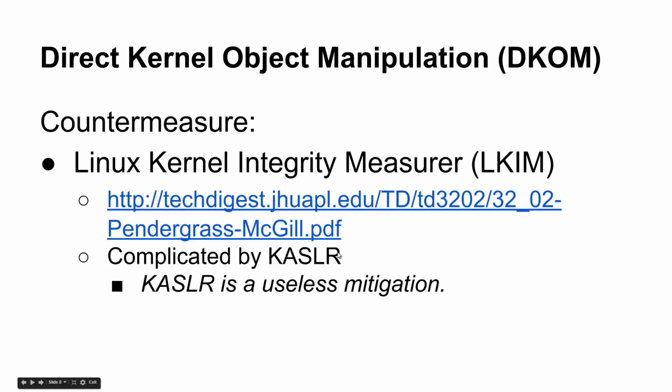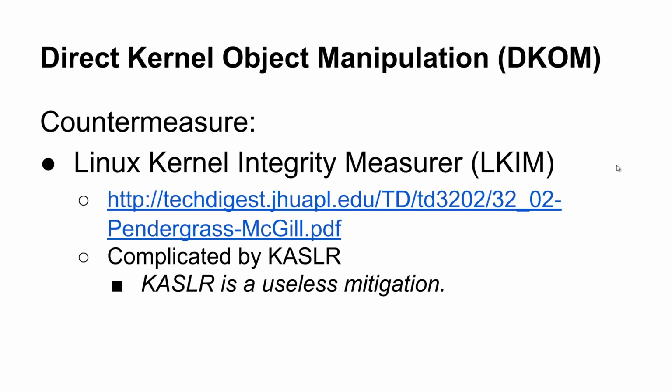And so there's a number of countermeasures. The one I like is Linux kernel integrity measurer, and you can read about it here. It's essentially a top-down approach for enumerating all of the major objects, tables, etc. that are used in the kernel, whether it's individual drivers and so on, and mapping out what those tables should look like.